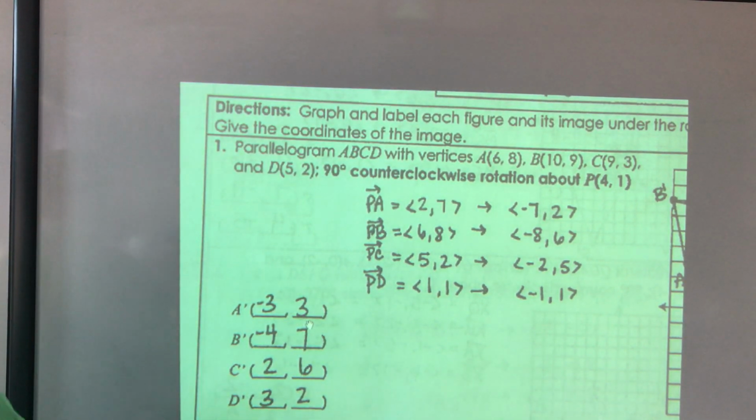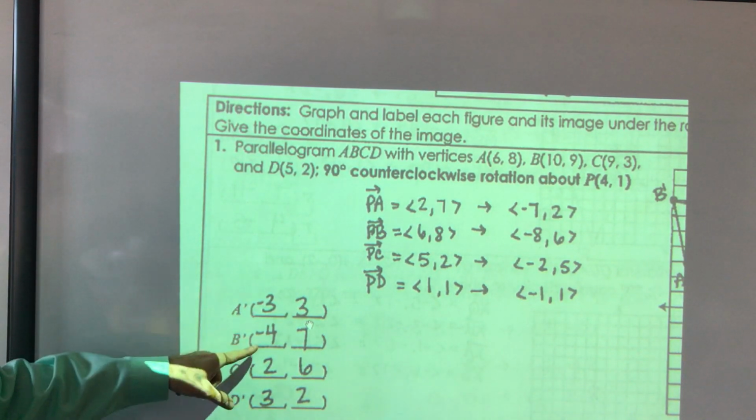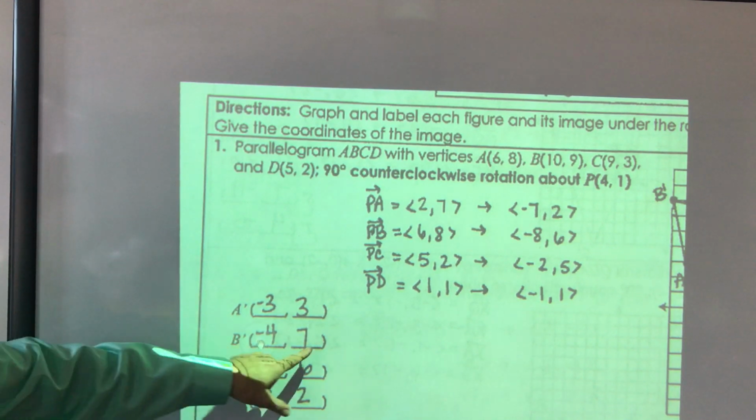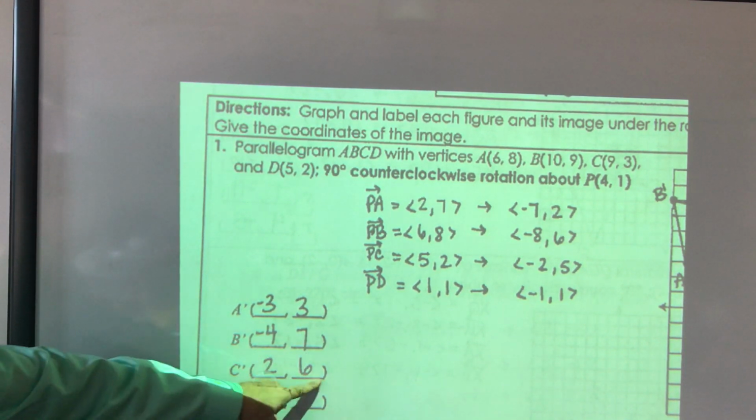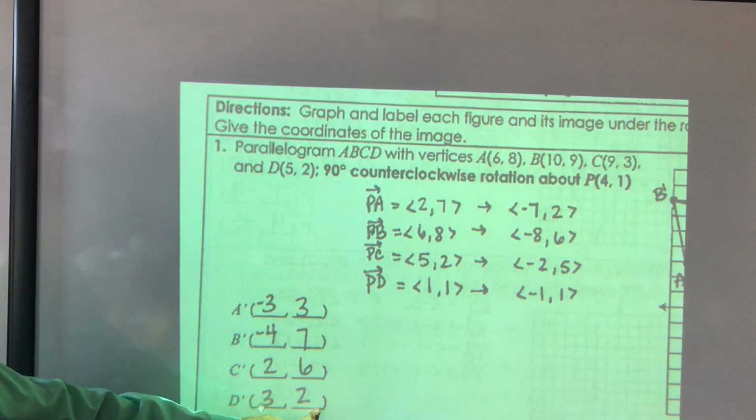Do it to all of them, including the 4,1. You're taking all of your vectors and applying them to the point of rotation, getting your new image. So this is now negative 4 and 7, 2 and 6, 3 and 2. Does everybody get it?